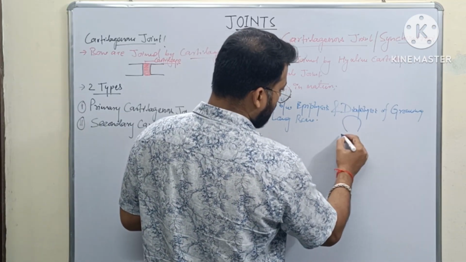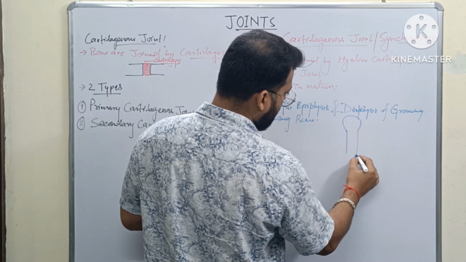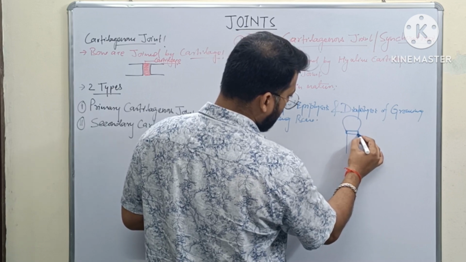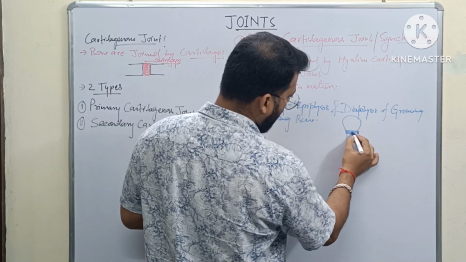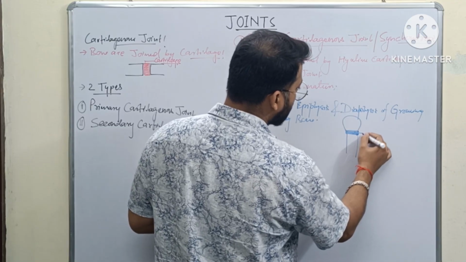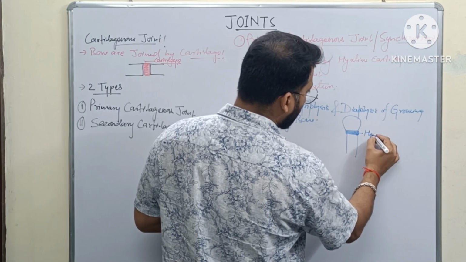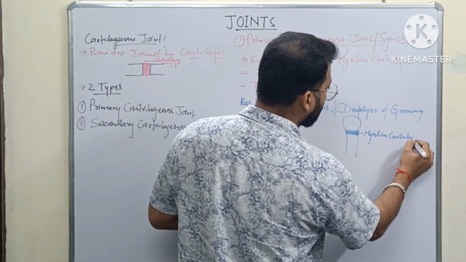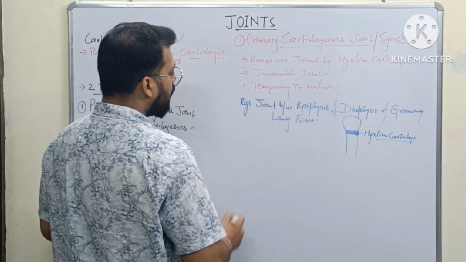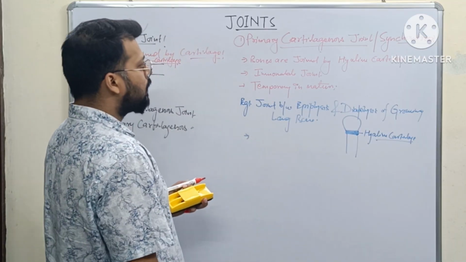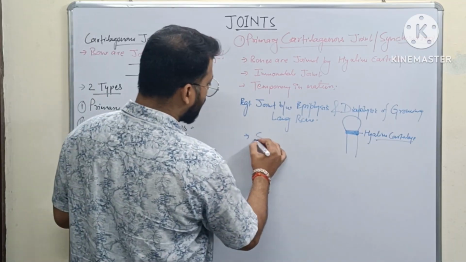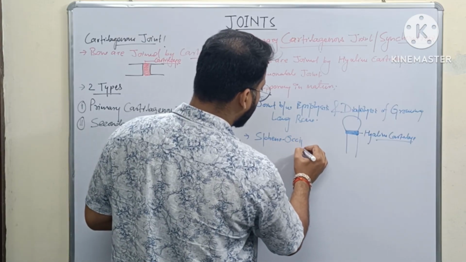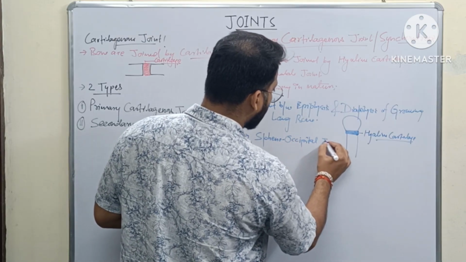Suppose this is epiphysis and this is diaphysis, and these epiphysis and diaphysis are joined by an epiphyseal plate, and this epiphyseal plate is made up of hyaline cartilage. Okay. Next example of primary cartilaginous joint is spheno-occipital joint.